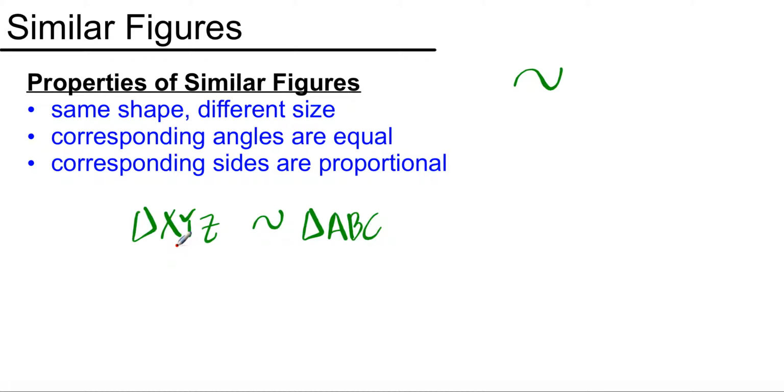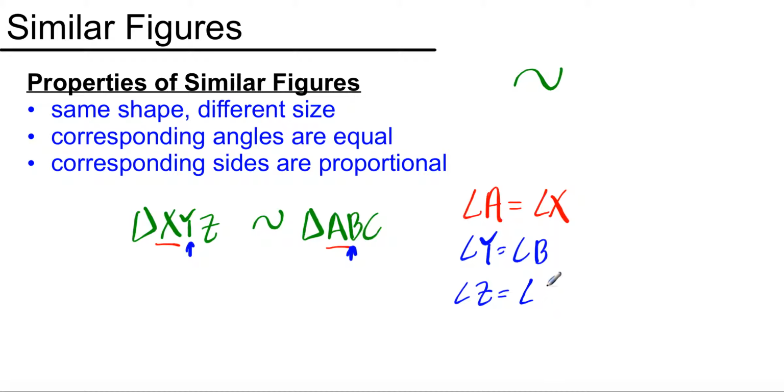So in this case, I don't even have to have the two figures, and I know because X is the first letter and A is the first letter that the measure of angle A is equal to the measure of angle X. Similarly, Y and B. Angle Y is equal to angle B, and then that would make angle Z equal to angle C.